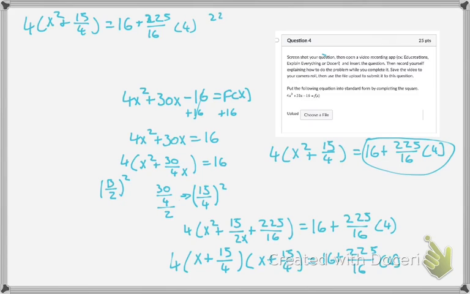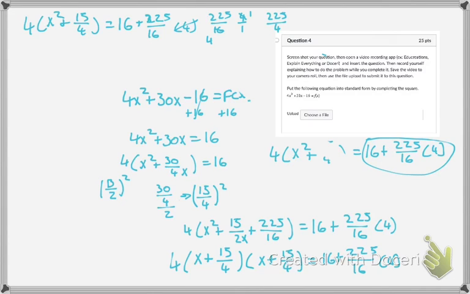Okay, so 225 over 16 times 4 over 1. So 225 over 4 is going to be your fraction. Once you've done that, let's take our new fraction and add it to 16 on the right side.